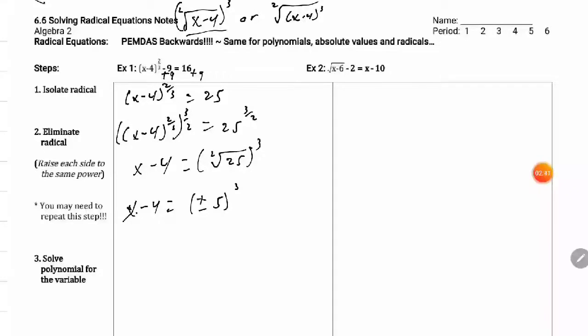Okay, so we're going to have two equations. So we have x minus 4 equals 5 cubed, and x minus 4 equals negative 5 cubed. Okay.